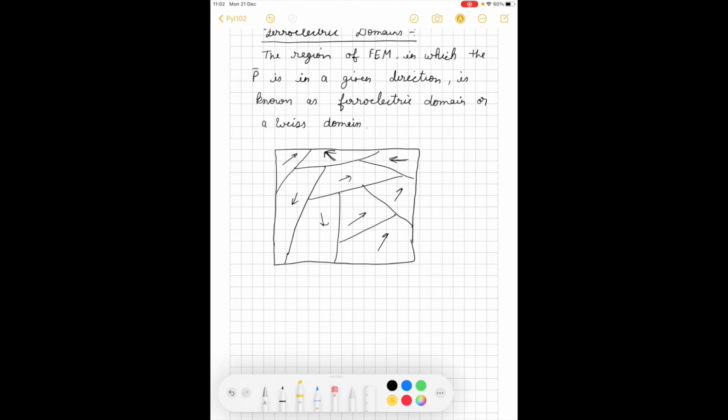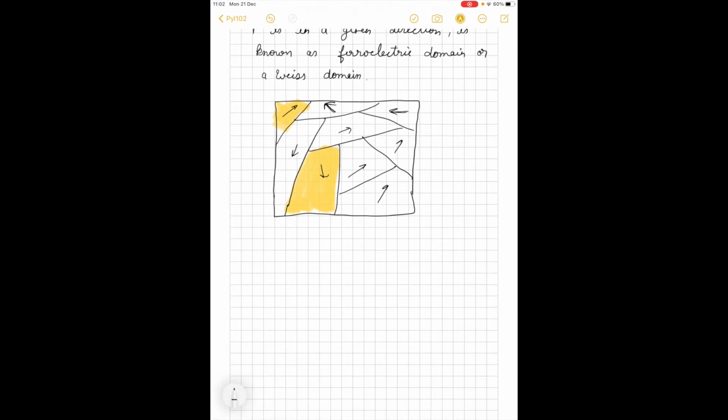So let's say I'll just draw, so this is one domain, okay, this area, again this area is one domain. So each domain is separated from the other one by something called a domain wall. So let me just write.